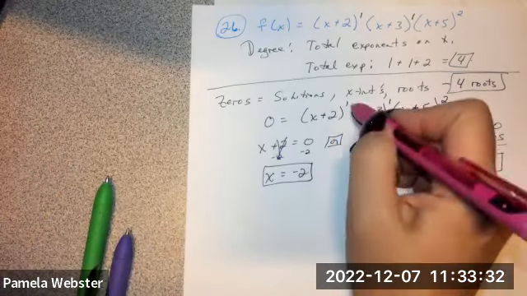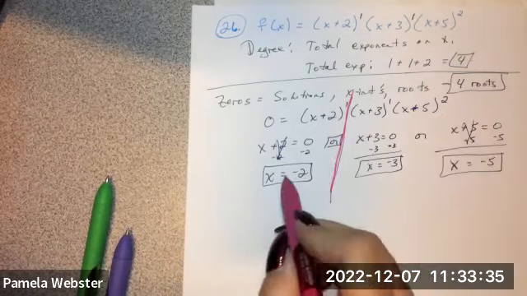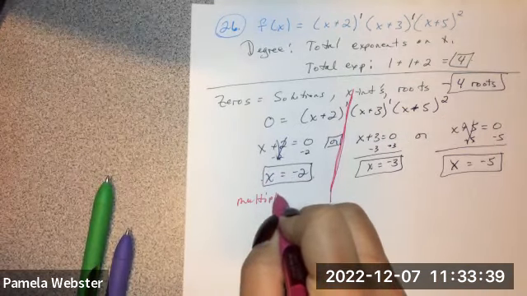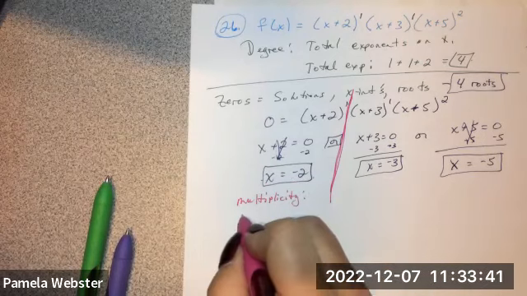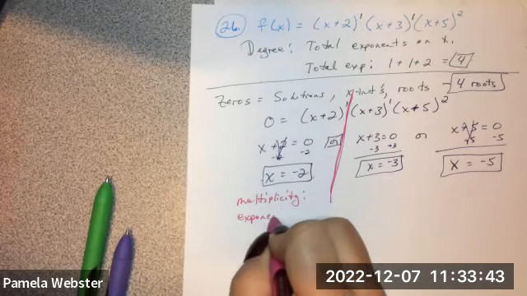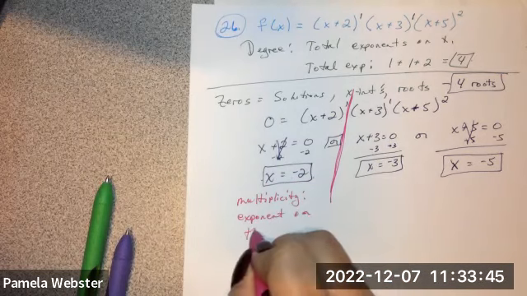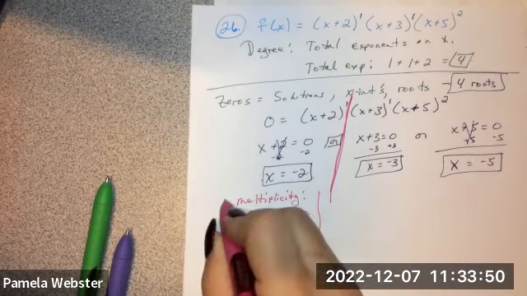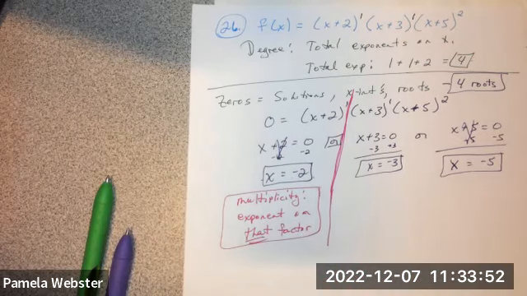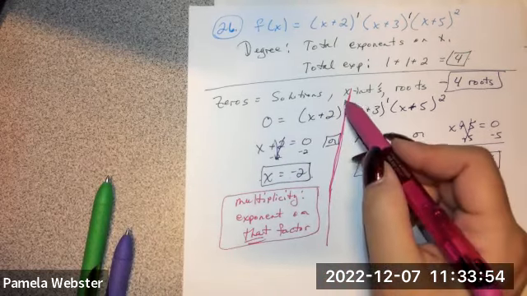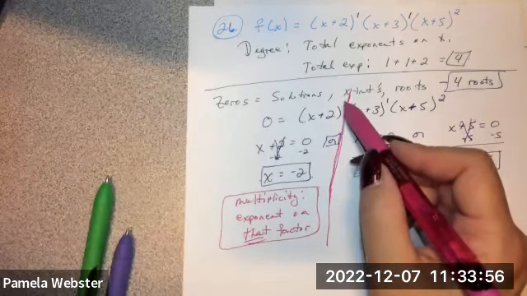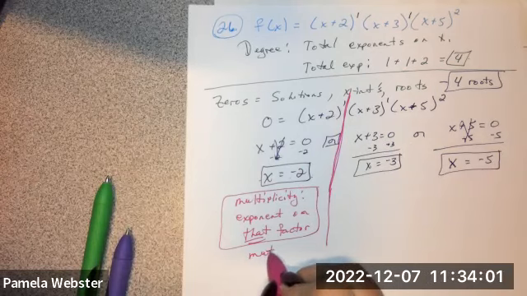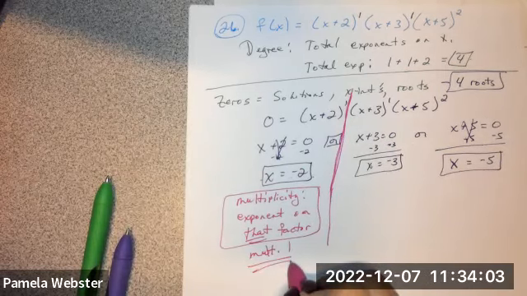So for x equals -2, the multiplicity is the exponent on that factor. That's my definition for multiplicity. The exponent on that factor was a 1, so x equals -2 has multiplicity of 1.